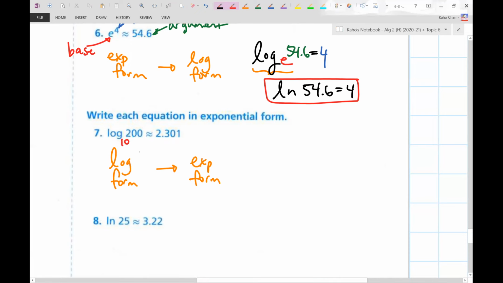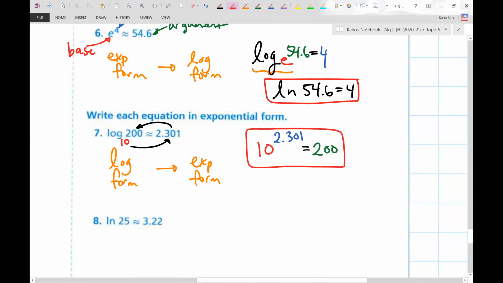And that base is to the power 2.301. And the boomerang comes back and equals 200, and that's all you have to do. Pretty straightforward. So 10 to the power of 2.301 equals the argument 200. And that's it. Easy peasy.